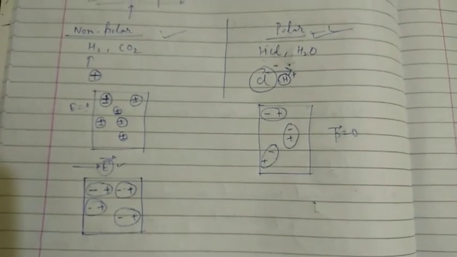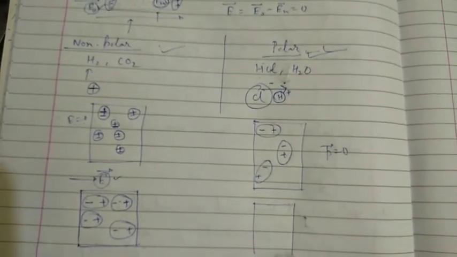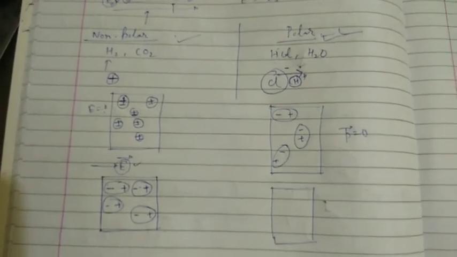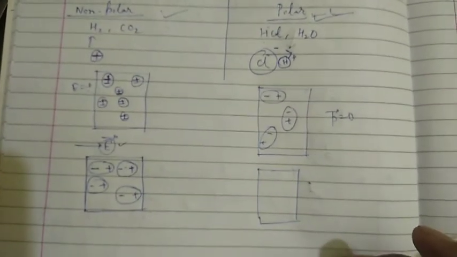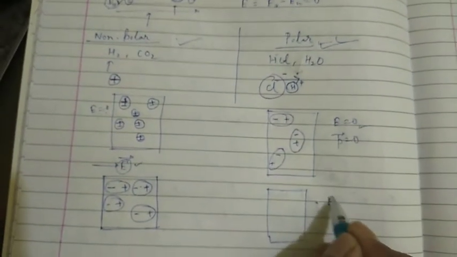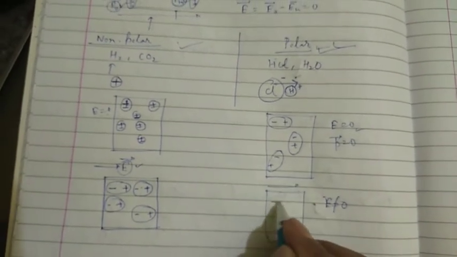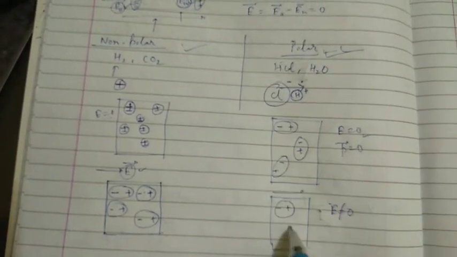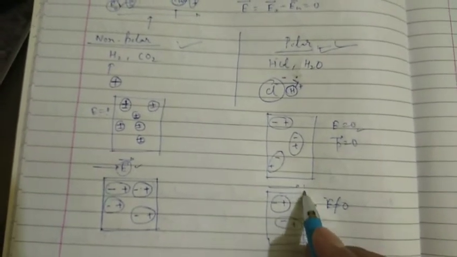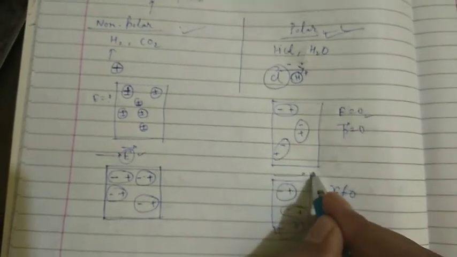Now once you put it in an external electric field, you already know the dipoles will try to align themselves along the electric field. So this is for electric field equal to 0. Now for a net electric field, they will not all align exactly, but if you increase the electric field, after a certain time all the dipoles will be aligned along the electric field.